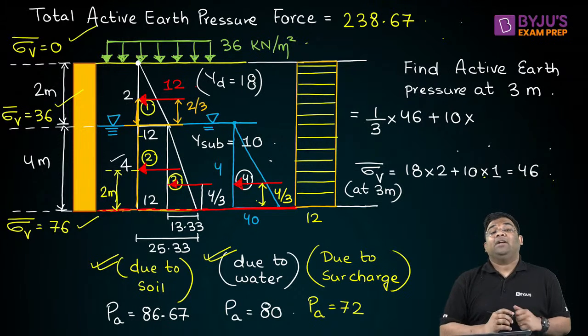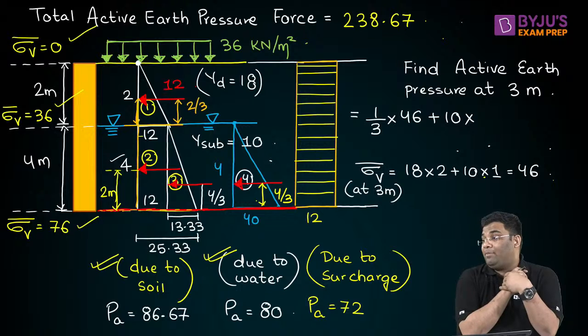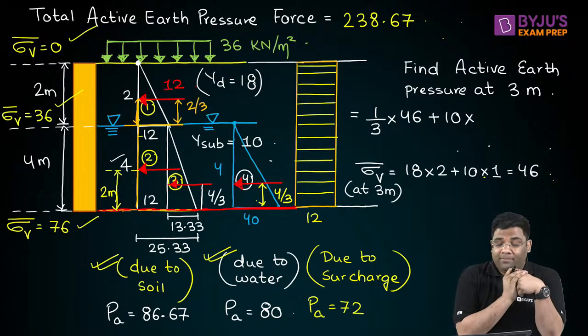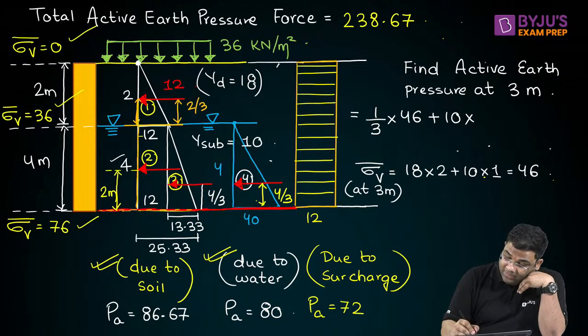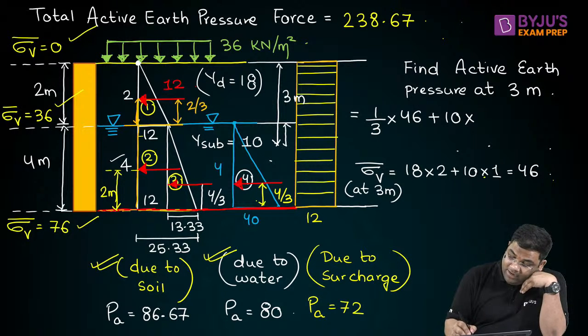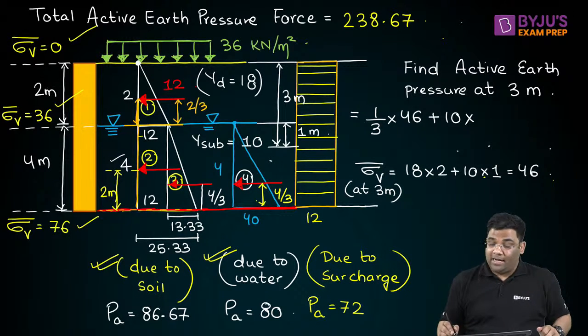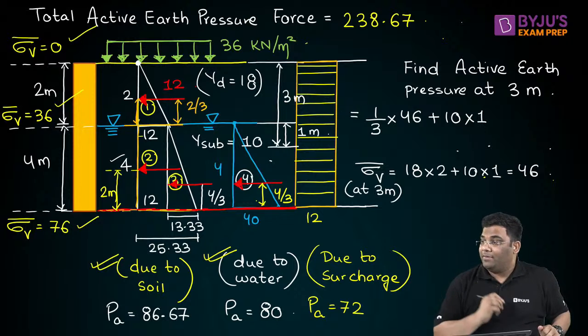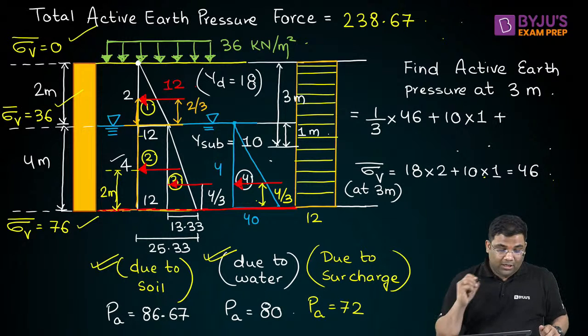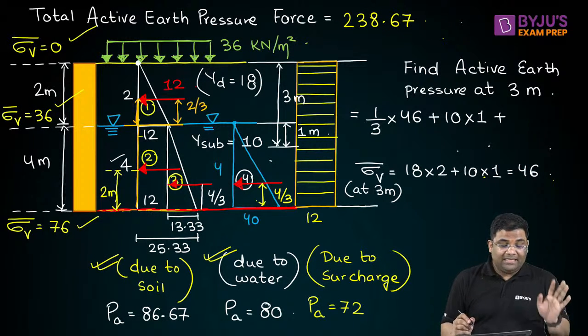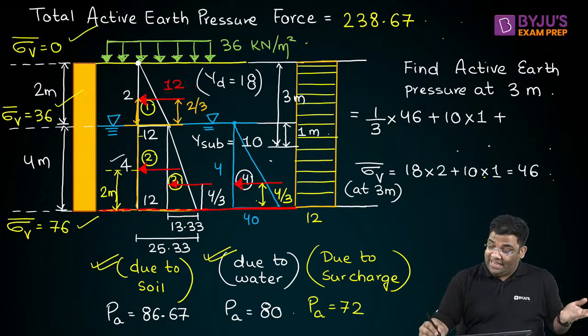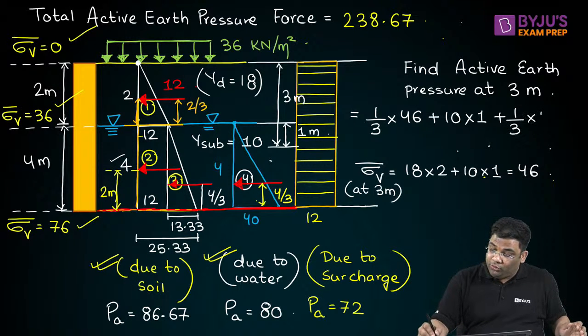This 3 meter will be at 1 meter from the water table, right? So this is actually 1. Plus due to surcharge, it will be Ka into Q. Sorry, Q is 36.